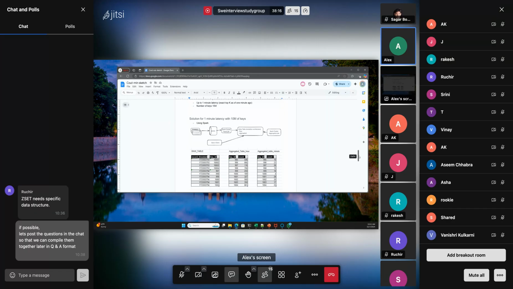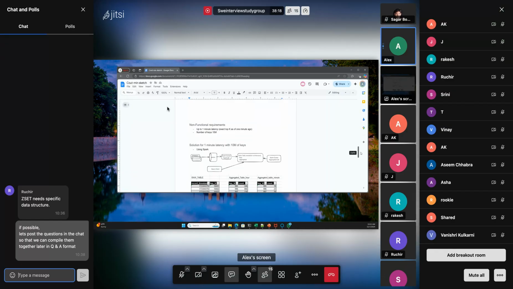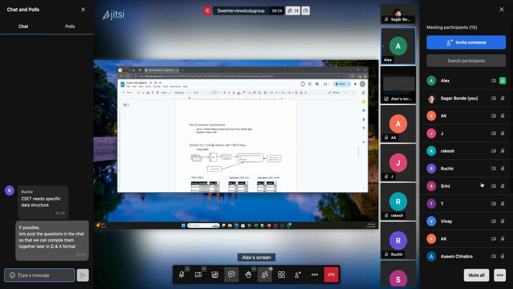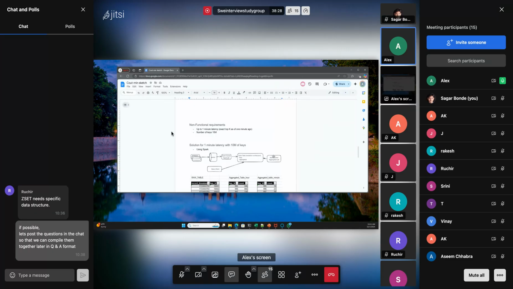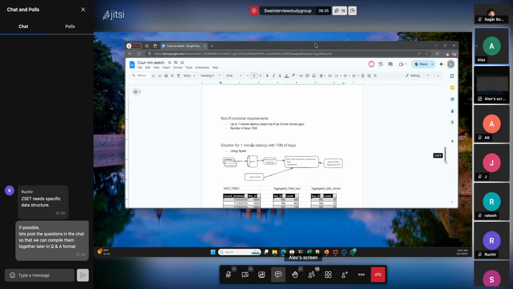Now assume we still have a lot of keys, but we cannot afford 1 minute latency. What if we need sub-second latency? If we have a really large number of keys, say network flows, source IP to target IP, it's 2 billion squared, right?